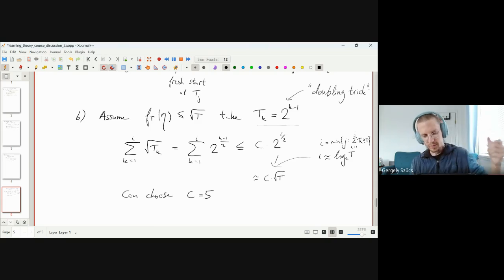And it's a pretty general trick. The fact that we're doubling here works well for the square root of t. If you had a different shape of upper bound, usually choosing a different amount of time to run them works well.